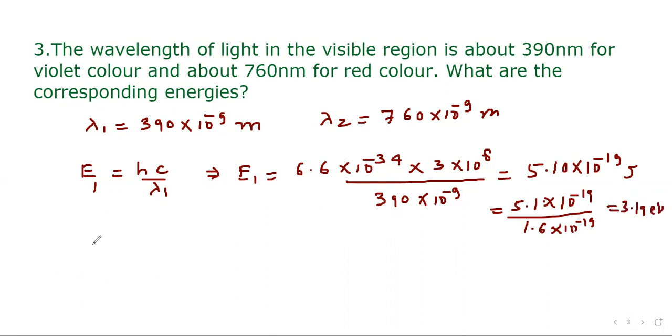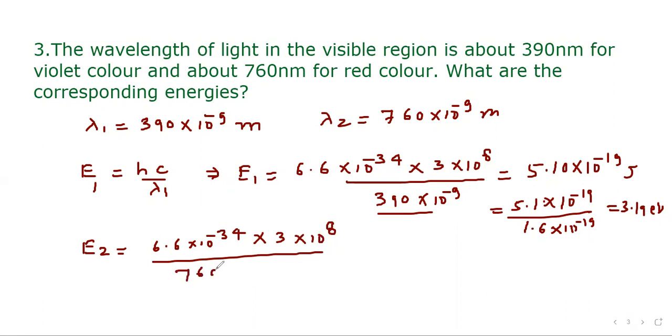Similarly, for the second wavelength, E2 we can evaluate, so that will be the same, except here in place of 390 × 10^-9 we will write 760. So it will become 6.6 × 10^-34 times 3 × 10^8 divided by 760 multiplied by 10^-9, which will become 2.62 × 10^-19.